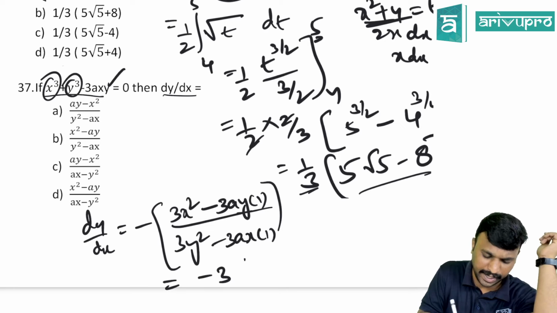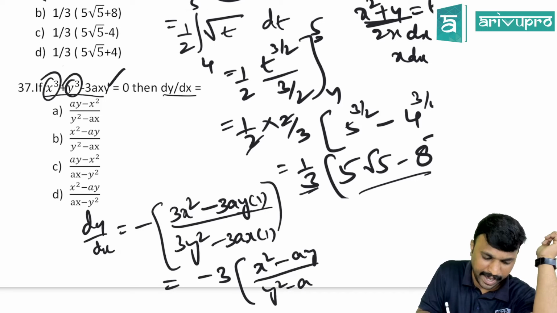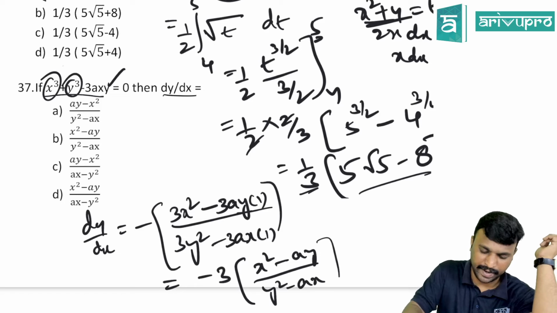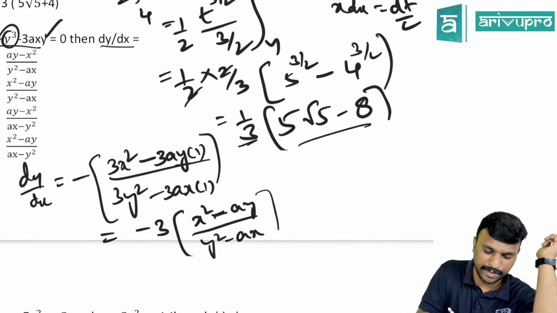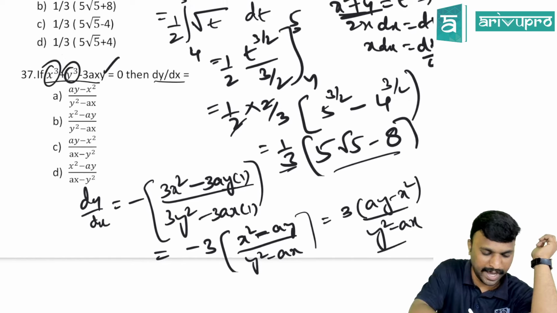If I take out 3, it will be x square minus ay, sorry, because 3 is being taken out, divided by y square minus ax. Guys, if I take out the negative sign from the numerator, it's gonna be 3 into ay minus x square divided by y square minus ax, so which is nothing but option A only.